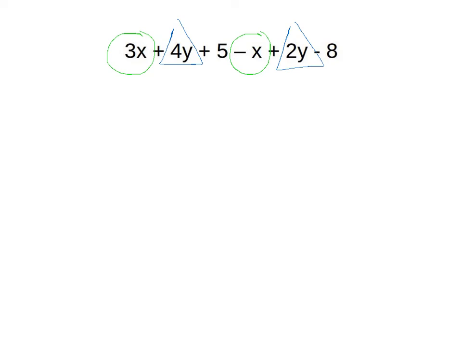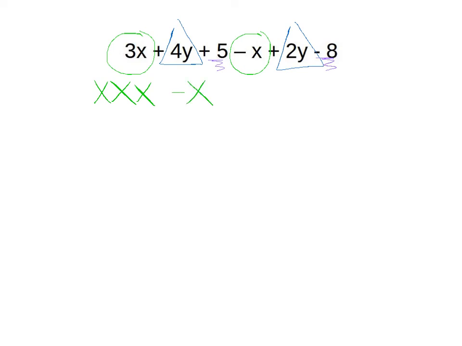Now we can look for our constants. Positive 5 and negative 8 are our constants. Let's start by combining our x terms. We have 3 x's and a negative x.